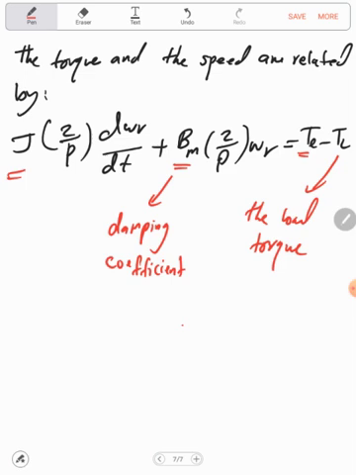So here automatically we can write the voltage equation in the rotor reference frame.